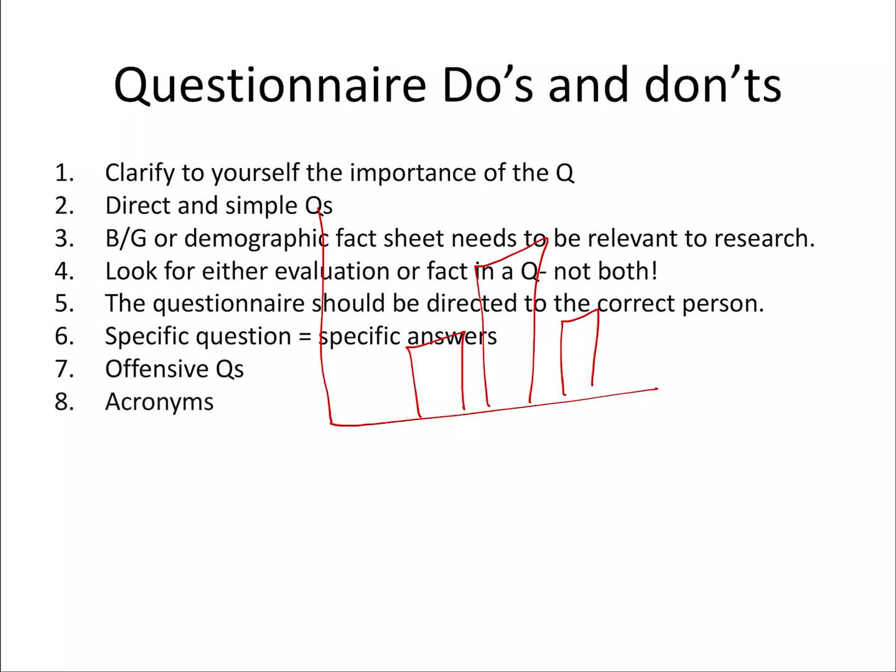Try not to use acronyms. There's no point in asking people, well, with the conclusion of the recent BAFTA meeting, all parties seem to be dissatisfied. What are your thoughts?